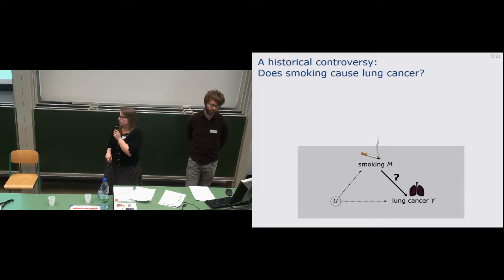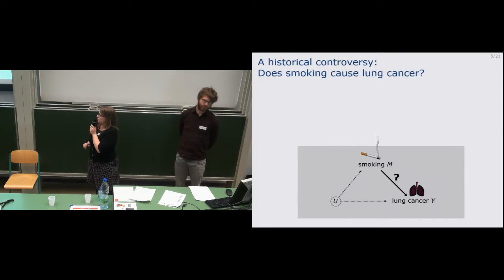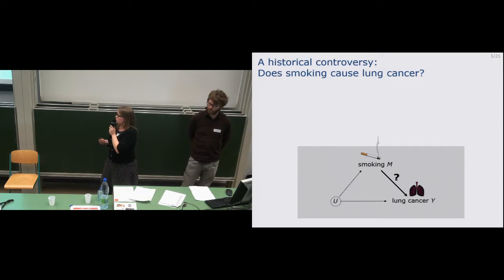Now consider in particular the relationship between smoking and lung cancer. Although observational studies in the 1950s found high correlations between smoking and lung cancer, this in itself is not enough to serve as evidence of a causal effect. Why is that?